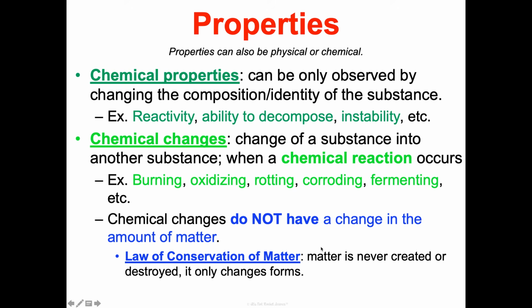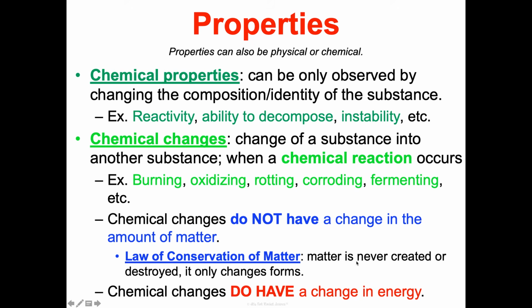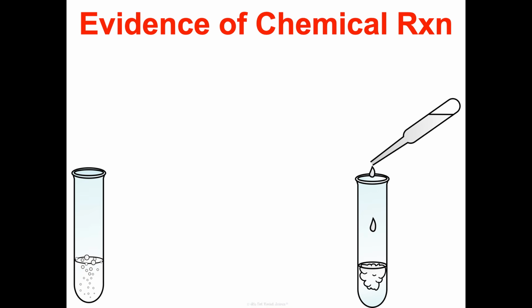Okay, so if something looks like it disappears in chemistry, most likely it just got converted to a different form, to a gaseous form, and you just can't see it physically anymore, okay? But matter never gets destroyed, okay? So the amount of matter just doesn't change, just the type of matter and the energy changes when we do a chemical change. There's always a change in energy in a chemical change or a chemical reaction.